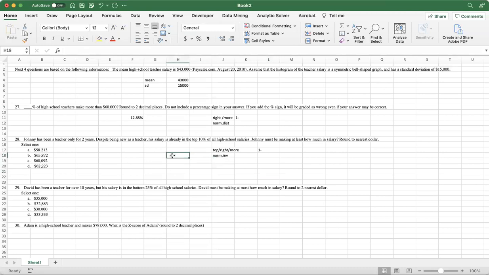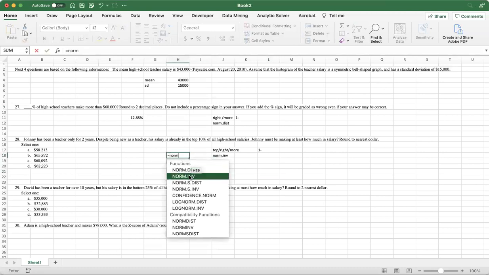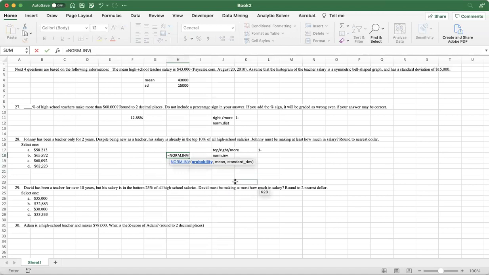Okay, so I'm going to do norm.inverse. And right now, I'm just going to point out that whenever you use norm.inverse, the 1 minus has to go on the inside of the parentheses. Okay, so in this case, we're going to do norm.inverse 1 minus 0.1.